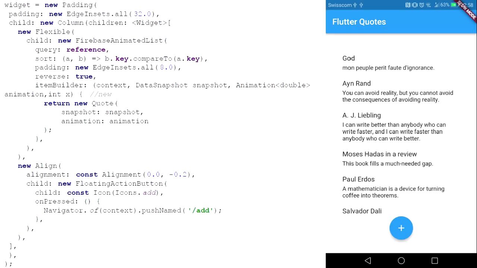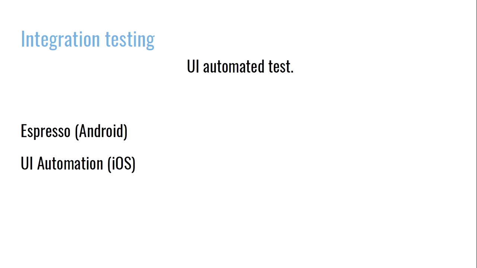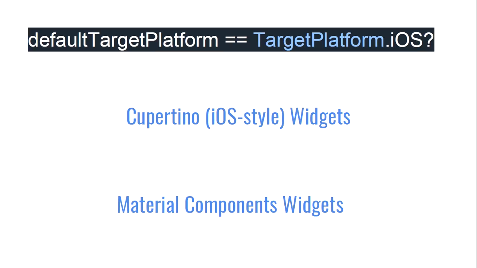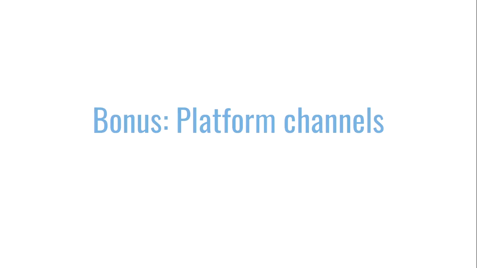Okay, so like I was explaining in another slide, the slide of the platform widgets, we have to use this variable, default target platform, and for each part, you have two ways to do it.